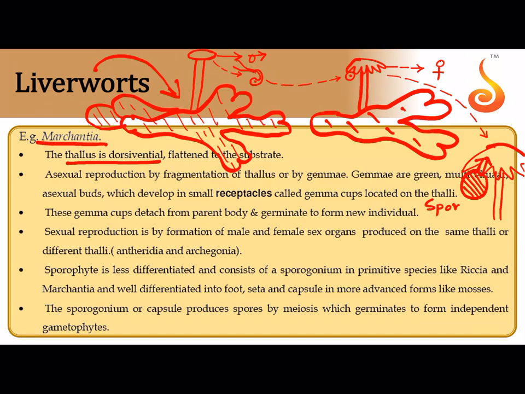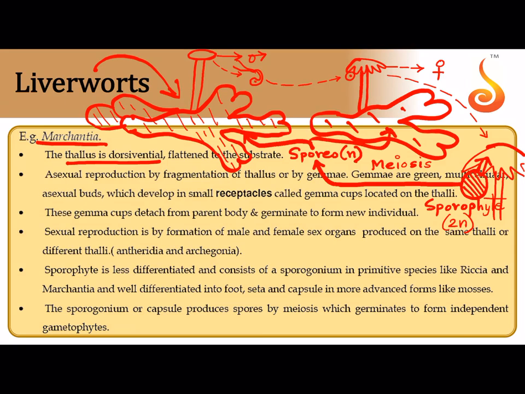It is called sporophyte. By now you know the sporophyte is a product of fertilization, so it is diploid. The sporophyte contains spore mother cells which undergo meiosis to produce haploid spores. Two different types of spores are produced. Some of the spores will become male gametophyte, some of the spores will become female gametophyte.